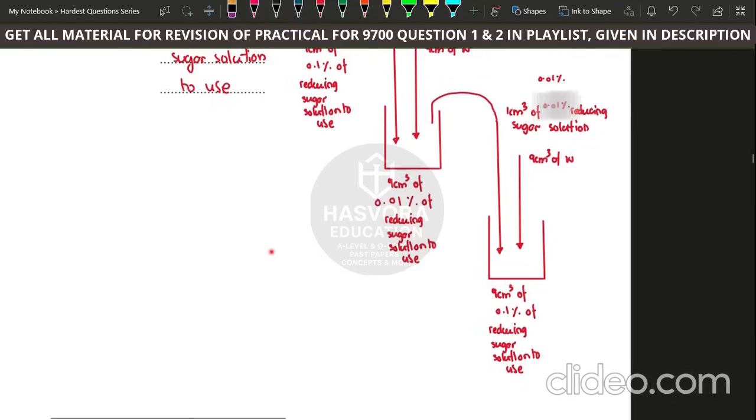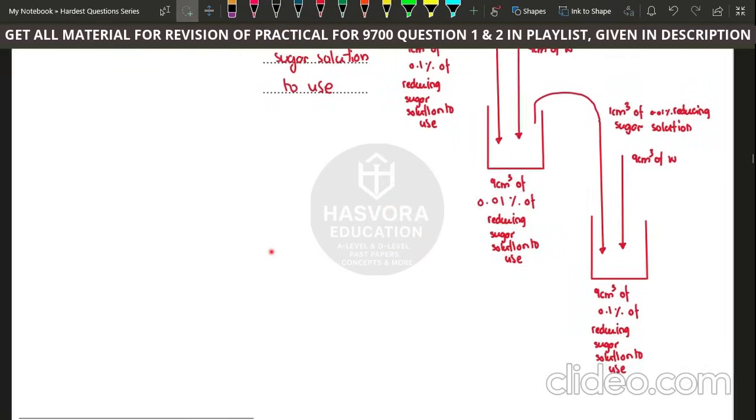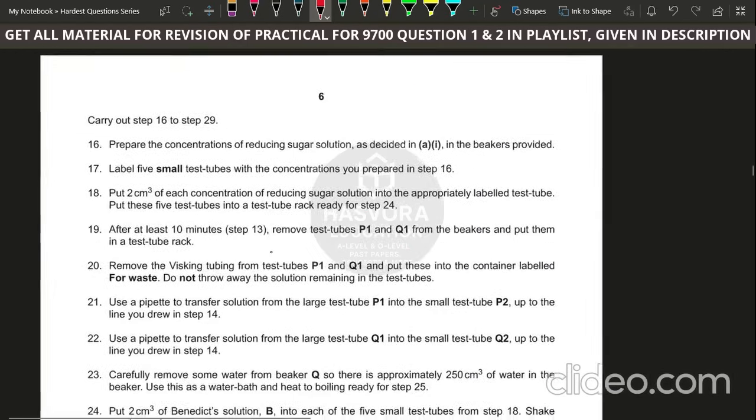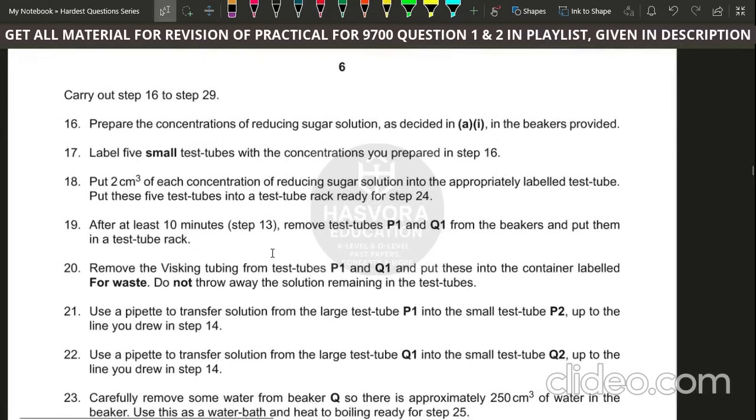Okay, and then what you will have to prepare is 0.001% reducing sugar solution to use. Okay, so this will be your whole diagram for 3 marks. Let's move on to the next steps.